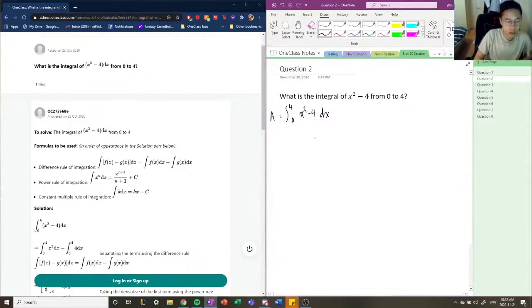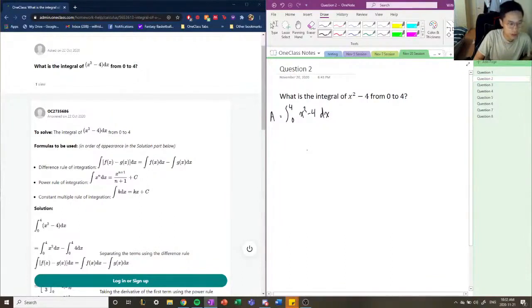So to do these definite integrals, first of all, you'll have to integrate your inside function, and then you have to calculate the area with the designated interval. So the junior tutor outlined some of the formulas or some of the properties that we can use here.